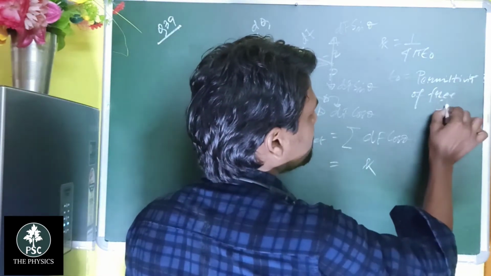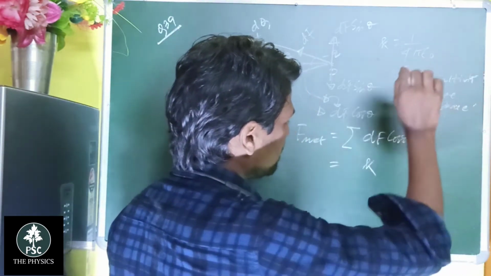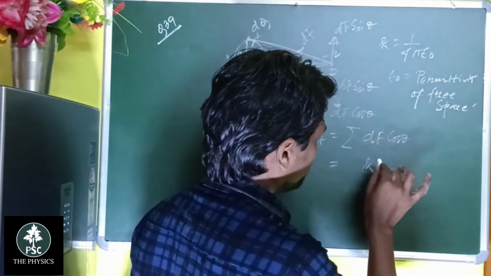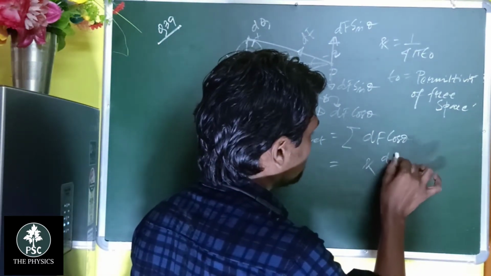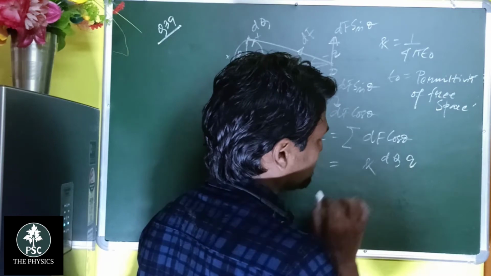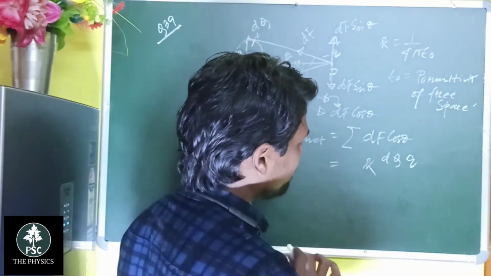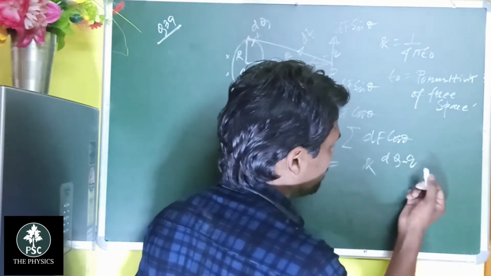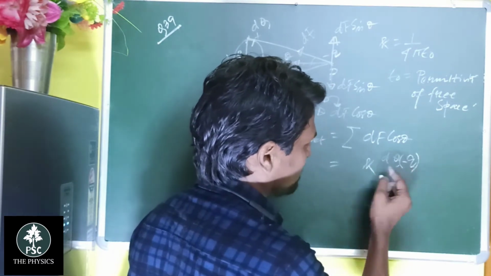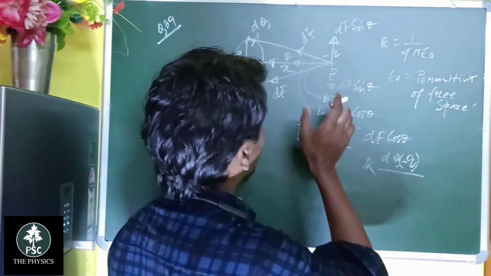So kappa, then Q1, Q2, and obviously it is a negative one, so you can write dq into minus q, Q1 Q2 by r square.